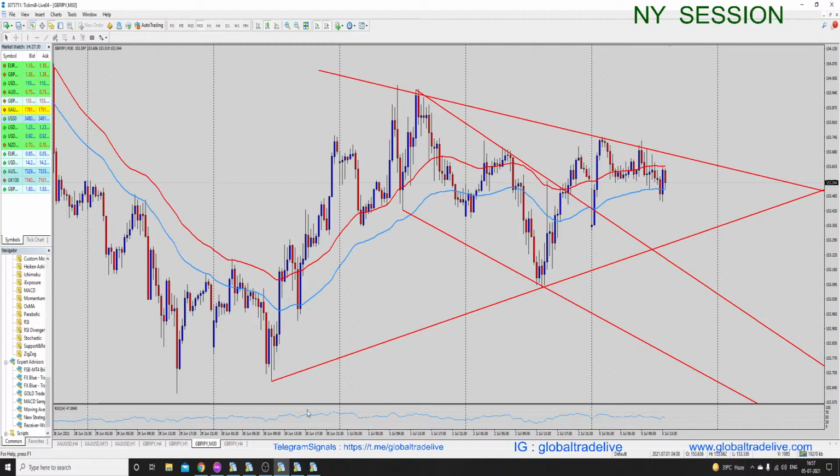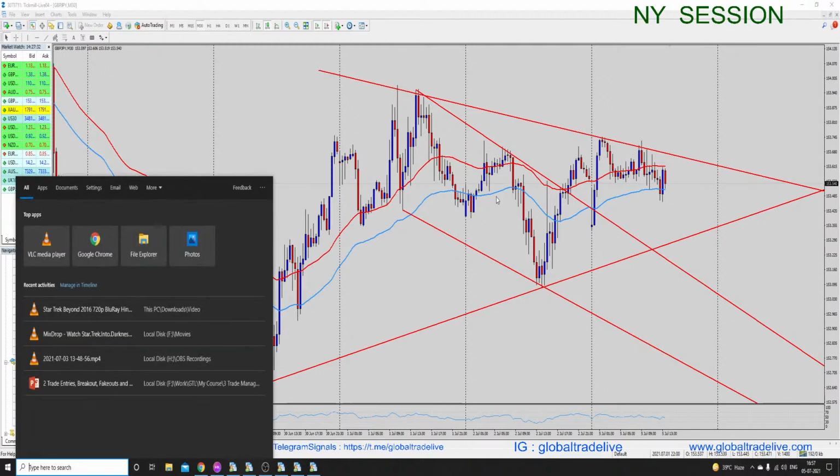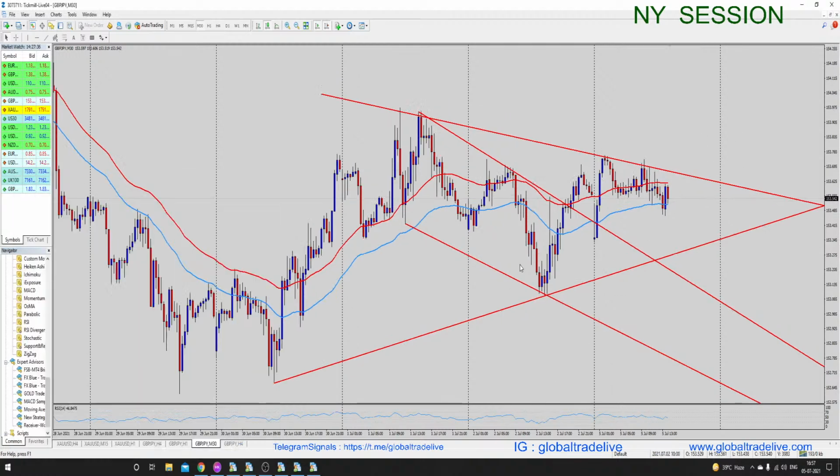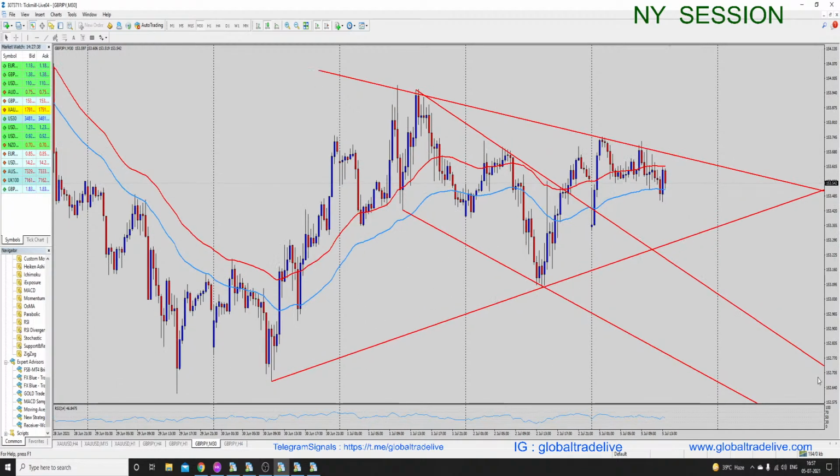Let me just open my drawing tool over here. Oops, where is that tool? Okay, anyways, so the market just fell down from this level to this level, then it went up, it came down, it went up, it came down, it went up.